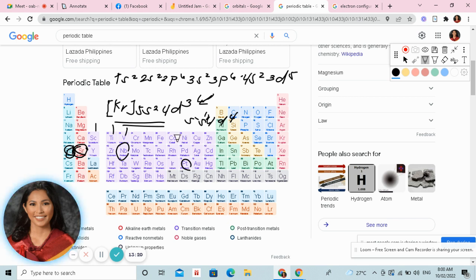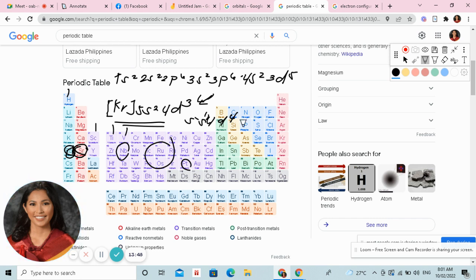Okay, because when we have transition metals, nakatalk na ba ta valence electrons? Yes, ma'am. Okay, if we have main group, easier to identify the valence electron, just the 1, 2, 3, 4, 5, 6, 7.